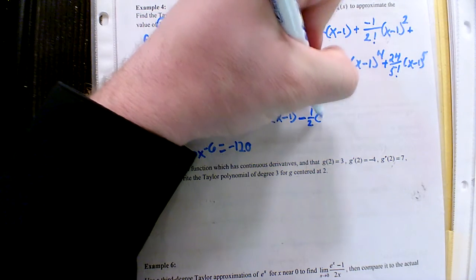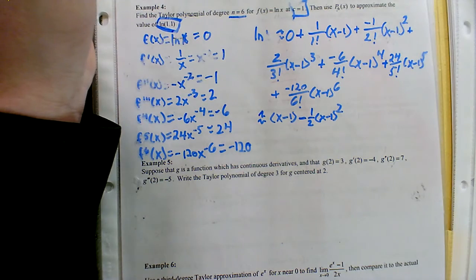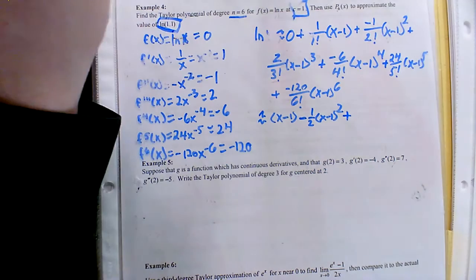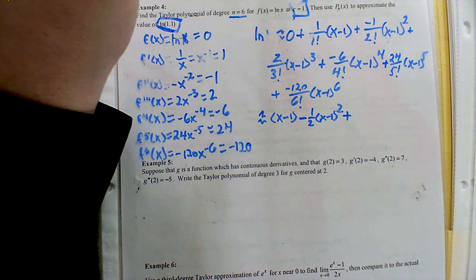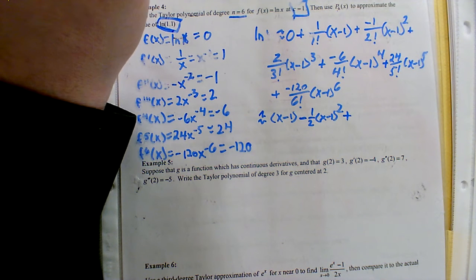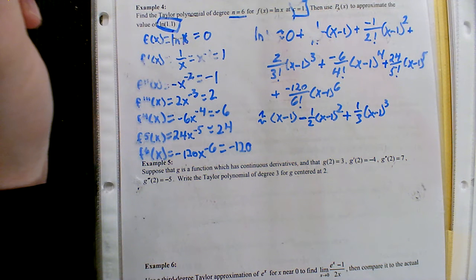So 1/2 x minus 1 squared. We're going to have plus, can we simplify 2 over 3 factorial? 1/3. Yeah, 1/3. X minus 1 cubed. Anybody unsure how we simplified that? Or we're all good with that simplification?